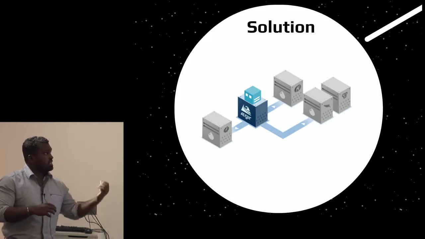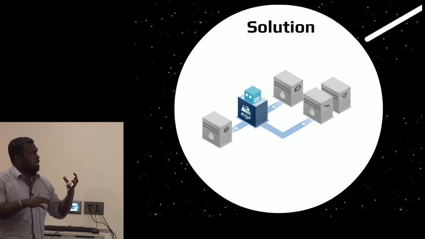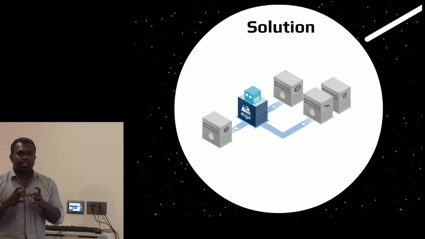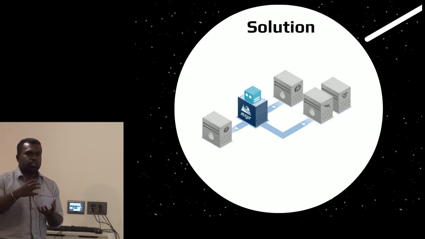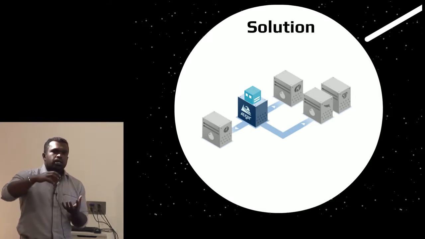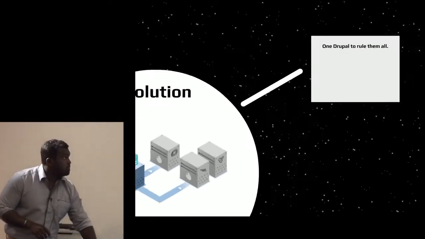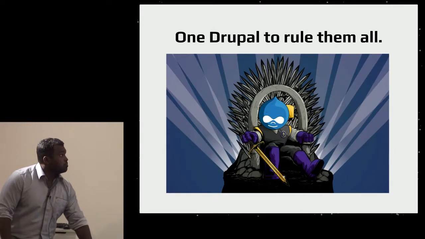In this case I'm referring to the deployment tools as Aegir and OpenDevshop. OpenDevshop is itself a Drupal site as well as a set of drush commands. We can use OpenDevshop to install all the other Drupal instances on several servers. In other words, we can simply say one Drupal to rule all the other Drupals.